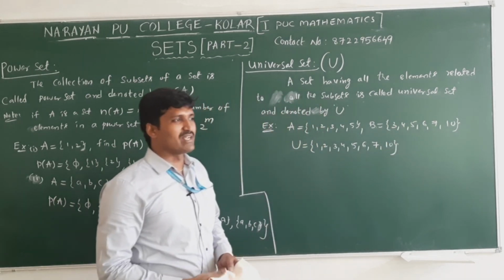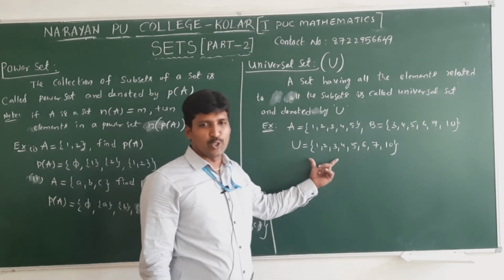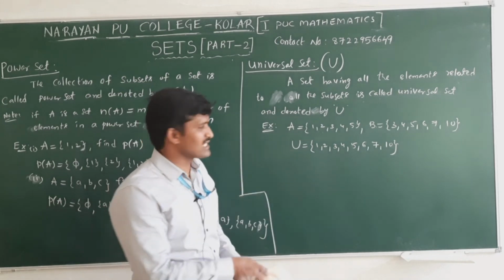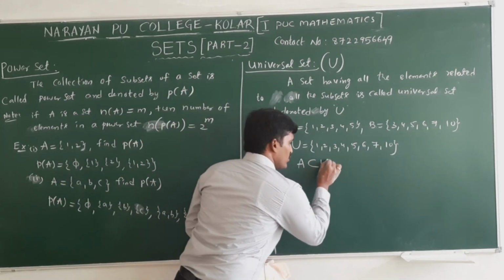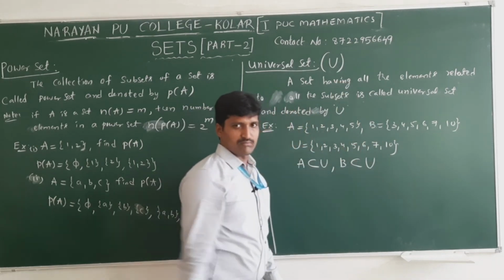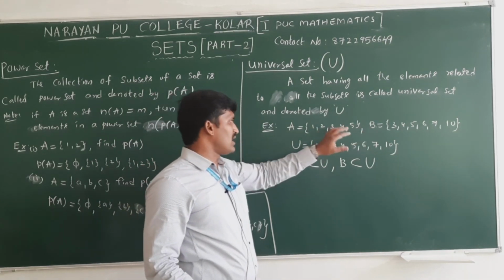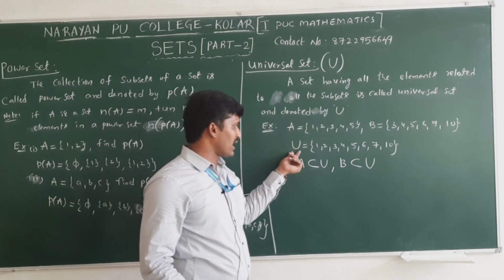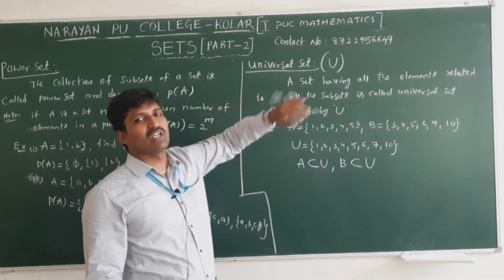All the elements that are in A and B are present in U. Now this U is called a universal set. Reason: A is clearly a subset of U and B is also a subset of U. That set we call a universal set, denoted by U.